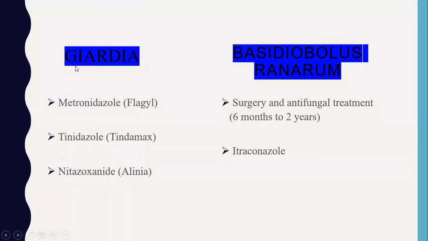Then we have Giardia, which has 3 medications. The first one is called metronidazole, which is the most common. A fact about this medication is that people should not be drinking alcohol while taking it. The second one is called tinidazole, which can be given in a single dose.